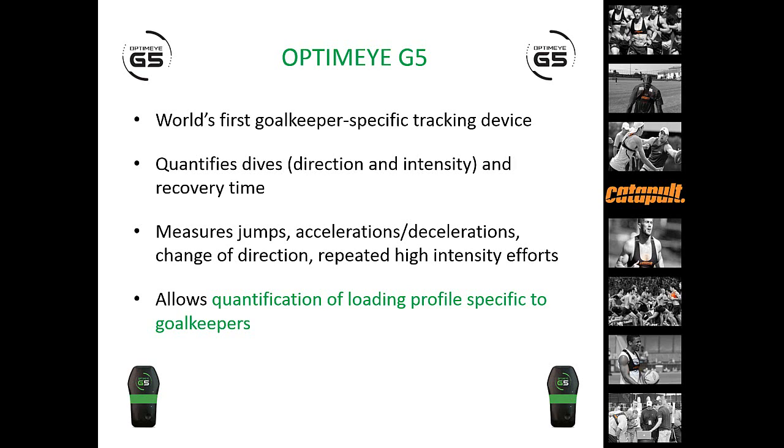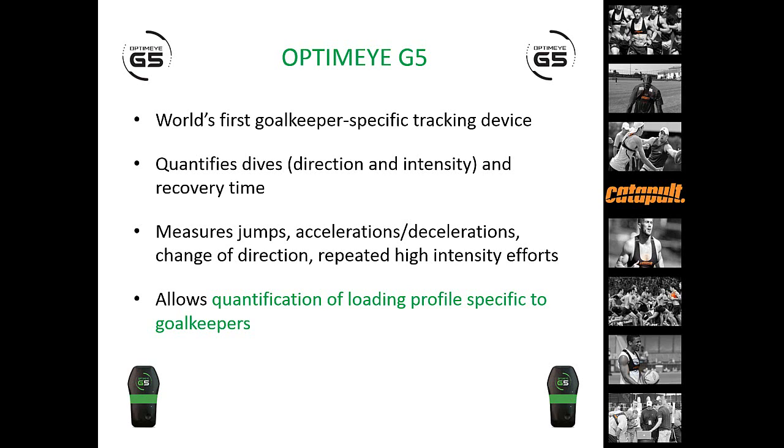We also want to look at the recovery time because we want to make sure that the keeper's back in position ready to make that next save. So we can measure the return time of the device from a position on the floor back up to an upright position for the goalkeeper.